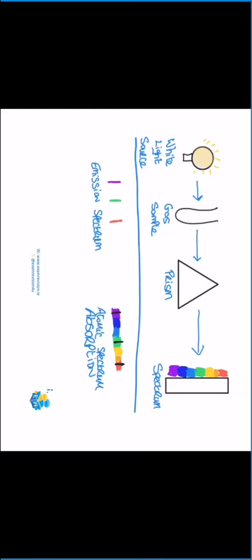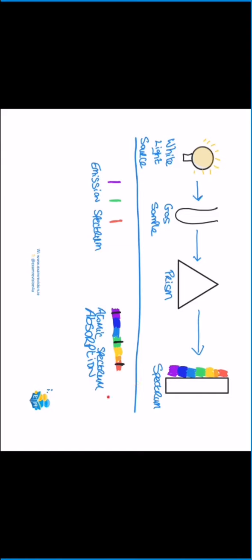So here's a diagram to help explain this. We have our white light source, and it passes through a gas sample of an element, and the light is then passed through a prism, and we produce a spectrum. This spectrum looks like this.